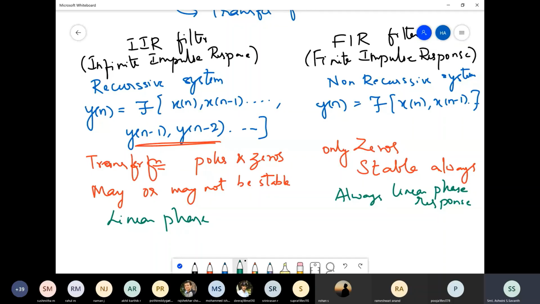It is generally not possible to have a linear phase response in an IIR filter. What do I mean by a linear phase response? If you look at the frequency response of a filter, that is what we'll design, right? H of omega is what we are going to design.